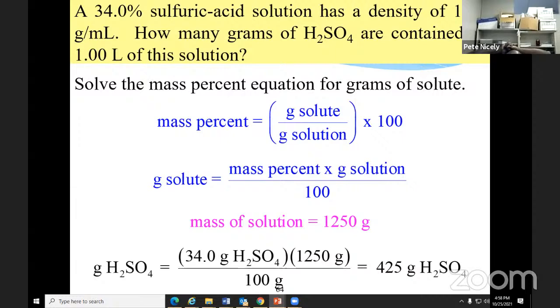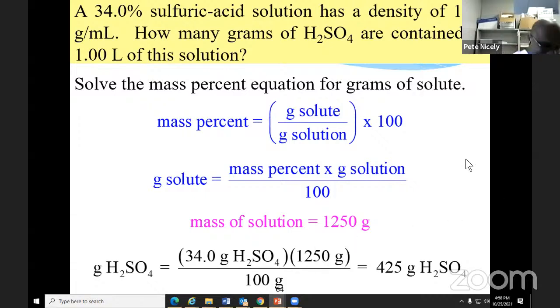So to make up this solution, we weigh 425 grams of sulfuric acid, and then we add to it the amount of water to make a final mass of 1,250 grams.